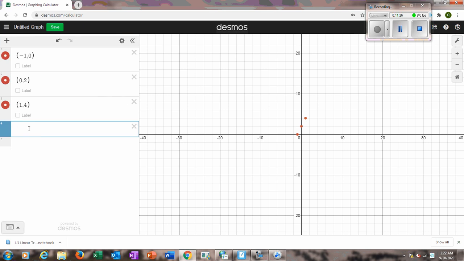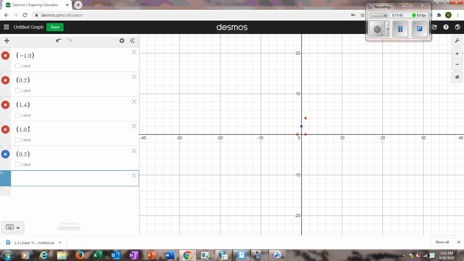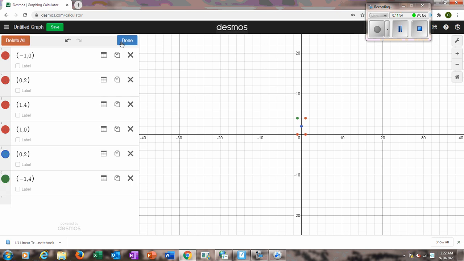Now I'm going to plot my G's that I just found. 1, 0, 0, 2, and then lastly, negative 1, 4. I'll make all those the same color as well. I'll make all those blue.